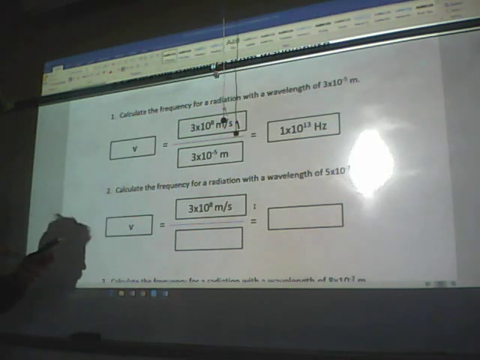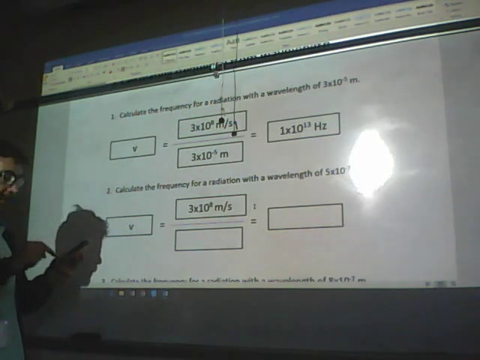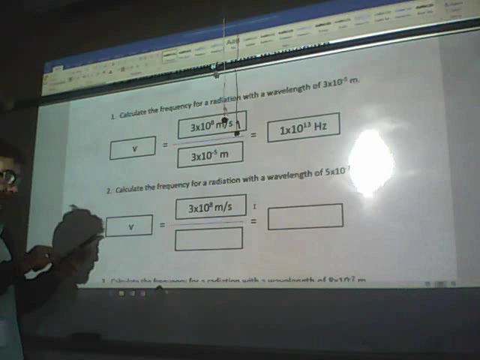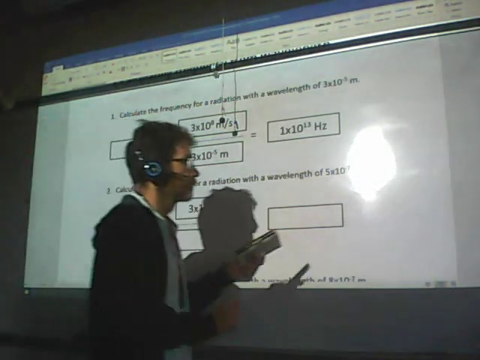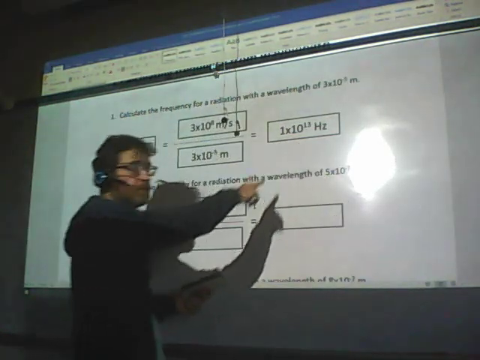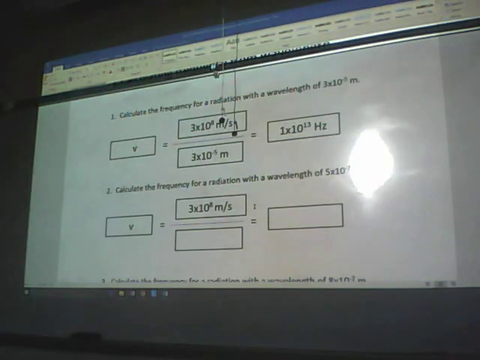And that would be 3 EXP 8 divided by 3 EXP 5 minus. That is 1 by 10 to the power of 13.